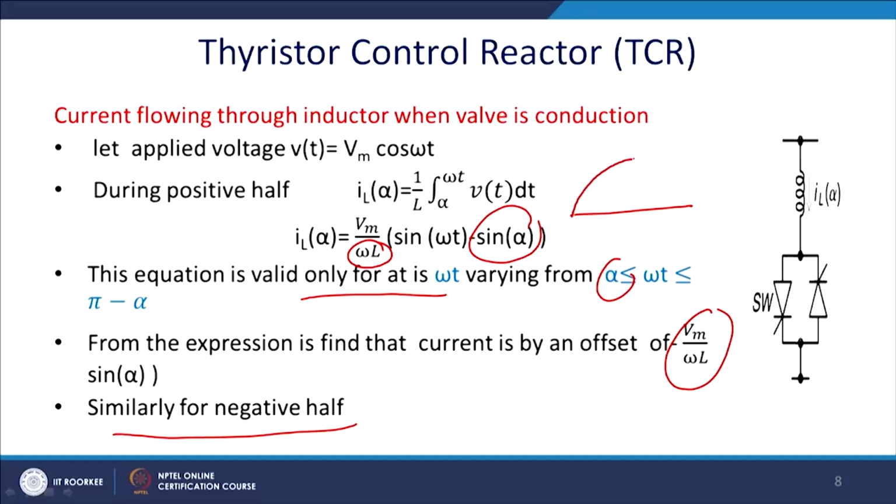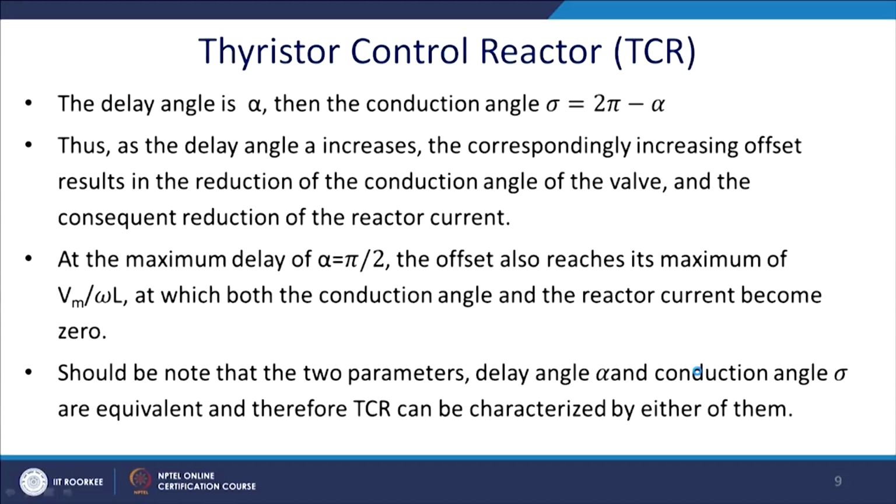So, this is the actual current. If you change the angle alpha, it will start like this. This area is the offset, given by Vm by omega L into sin alpha, and a similar equation is followed in the negative half cycle.